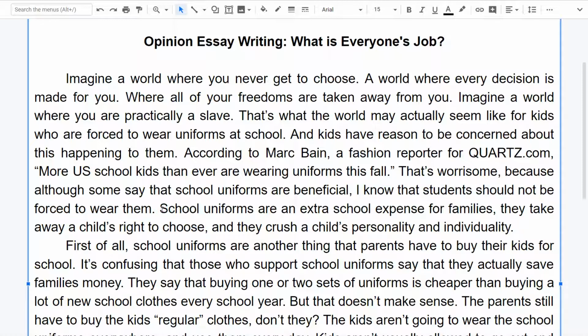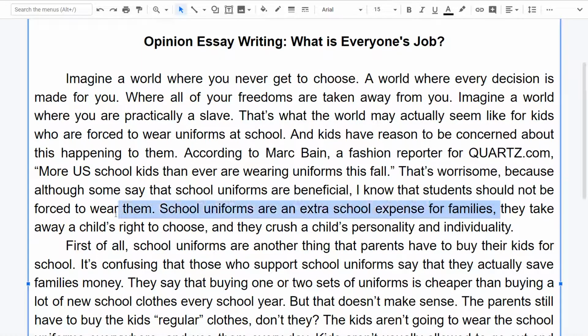And then the next part, these two sentences here really are the thesis statement. You tell people what you think, and then in that same sentence or a second sentence, you add the reasons why you think that. You add 3 reasons. So this person says, because school uniforms are an extra school expense for families, they're saying it costs money.